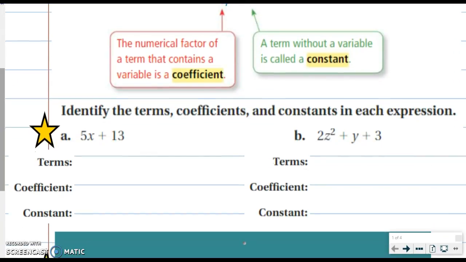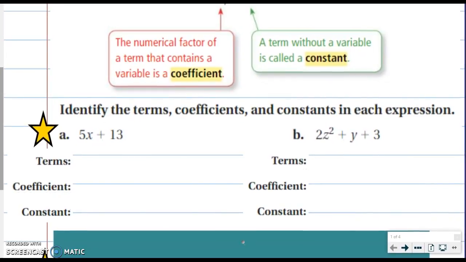So for these two examples, we're going to identify the terms, coefficients, and constants in each expression. So if we think back to what a term is, it's the part of the algebraic expression. Generally, it's separated by an addition sign.